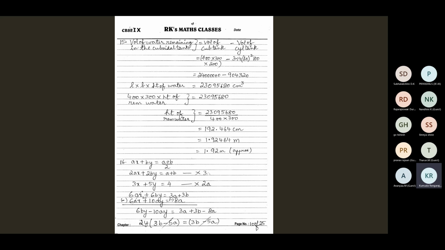The overhead tank has radius and height given to you, but we must take care that the dimensions of the cuboidal tank are in meters, while those of the cylinder are in centimeters. Find the height of the water left in the cuboidal tank after the overhead tank has been completely filled with water from the cuboidal tank. It's a very simple situation.